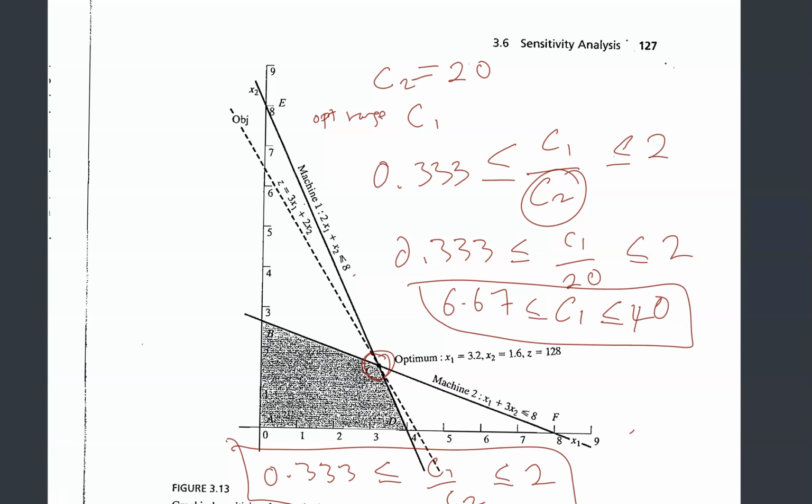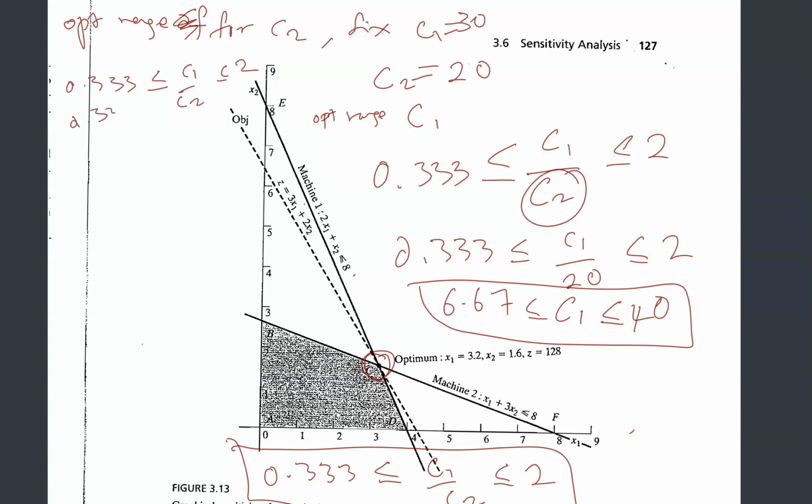Same thing for the optimality range for c2. We fix c1 at 30. So we can get c1 over c2, with c1 fixed at 30.